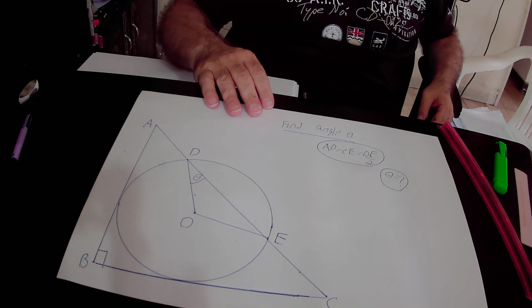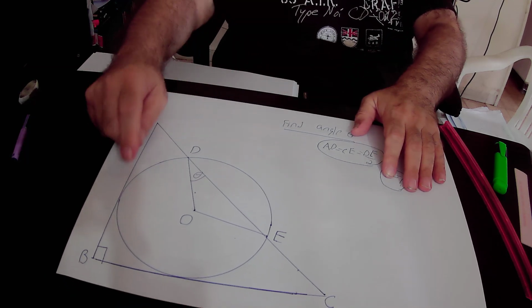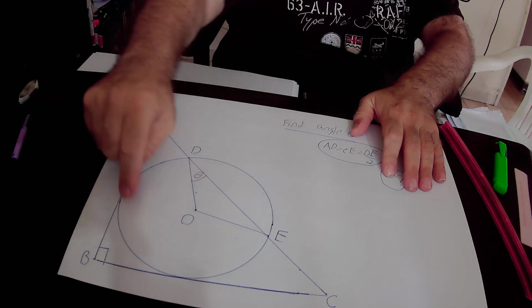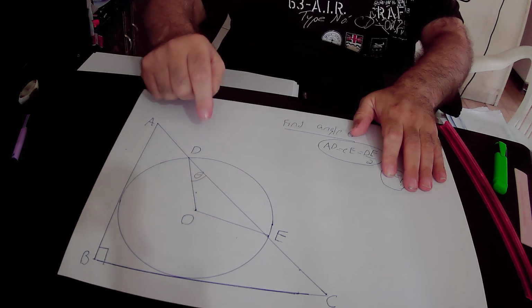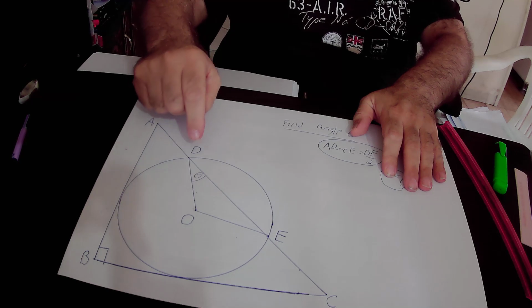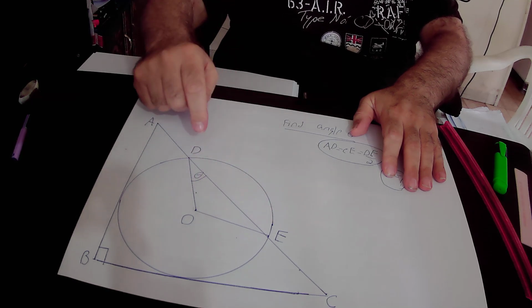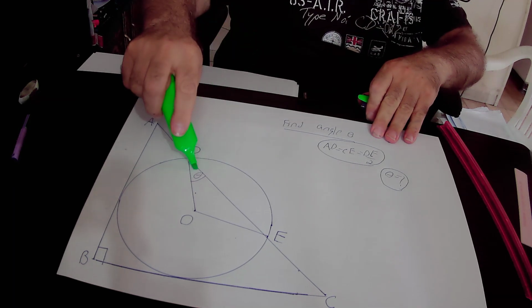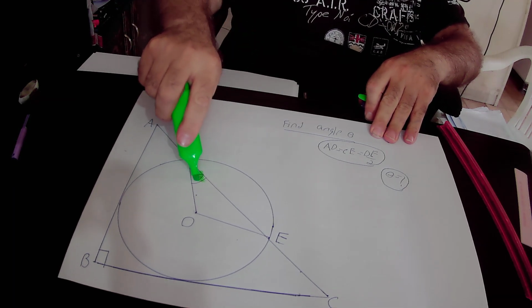In the drawing, we have a right triangle ABC, angle ABC equals 90 degrees. Inside triangle ABC, we have a circle, and inside the circle, we have triangle DOE, and we are looking for this angle theta, that is inside triangle DOE.